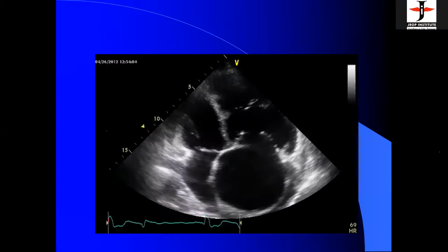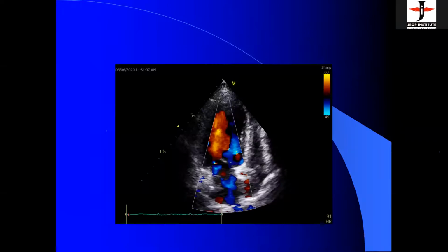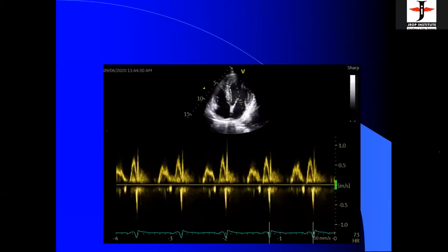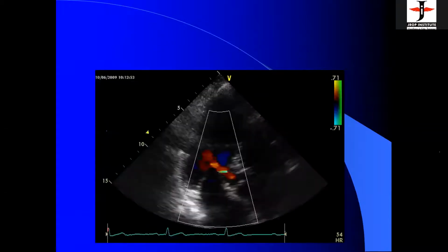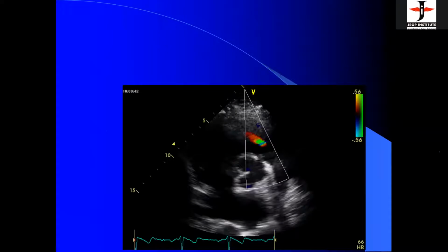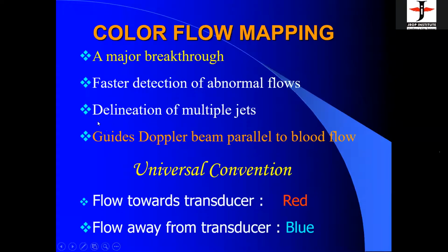As I showed you, delineation of multiple jets.